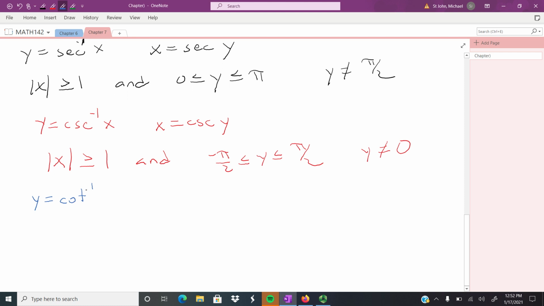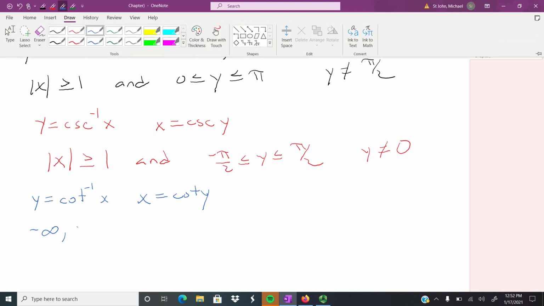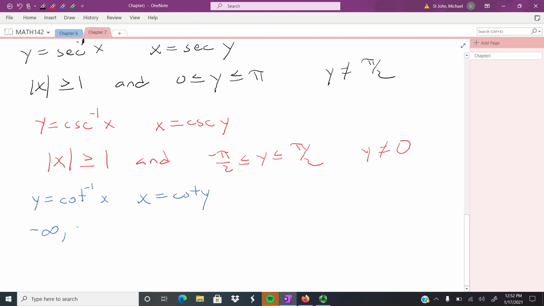Inverse cotangent x, or x equals cotangent y. And so again, here we're from negative infinity to infinity. Right?